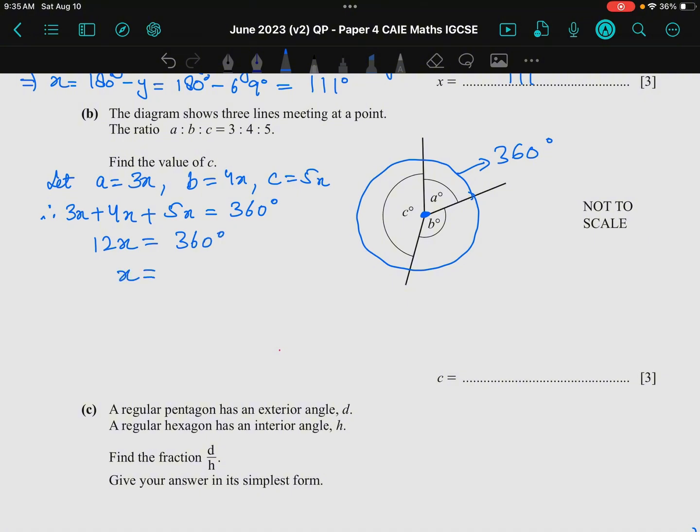So, x is equal to 360 divided by 12, giving back 30 degrees. Therefore, the value of C is equal to 5x, which is 5 into 30 degrees, giving back 150 degrees. Here it is C degrees, okay? So, the value for C is 150.